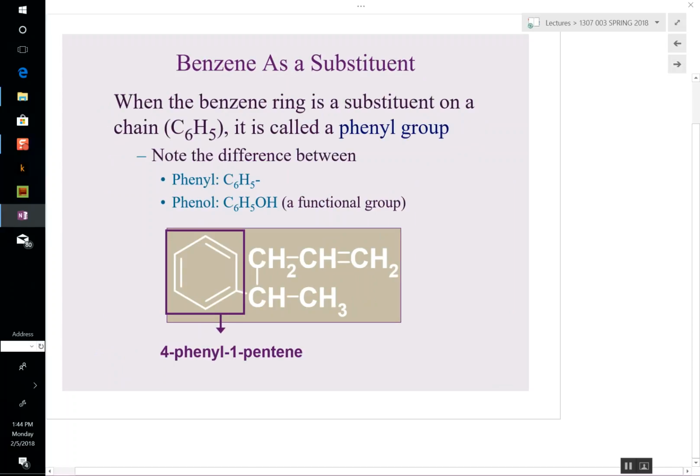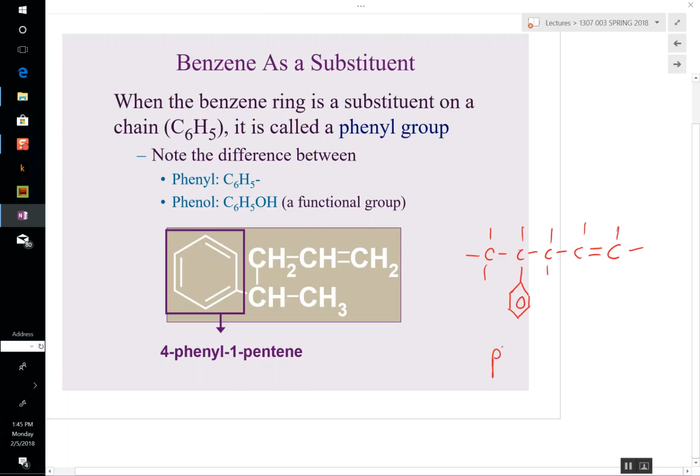Know this, that if benzene is on a chain, so what we got here, look, we got 1, 2, 3, 4, 5 carbons. So we got a molecule like this, 5 carbons. And on this carbon here, we have a benzene ring. So what are we going to call that? Oh, I got too many hydrogens there. Well, we're not going to call that benzol or anything like that.